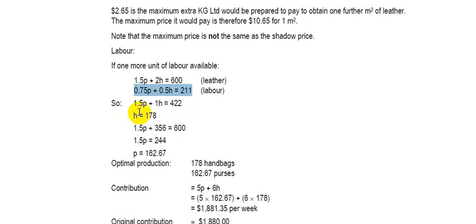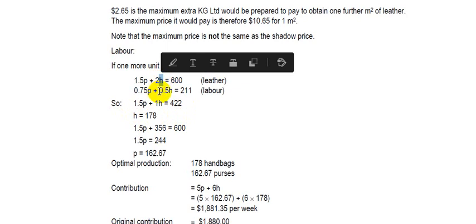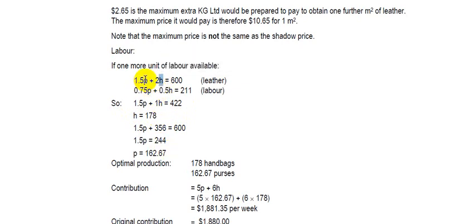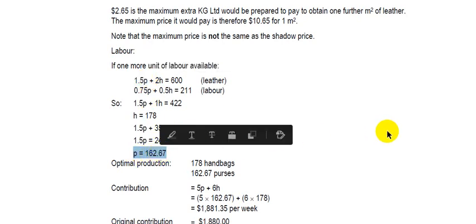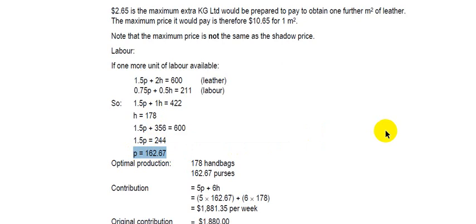You substitute the 178 for H there. Make P the subject of the formula. So our P is 162.67. So you have your optimal production there, 178 handbags, 162.67 pesos.